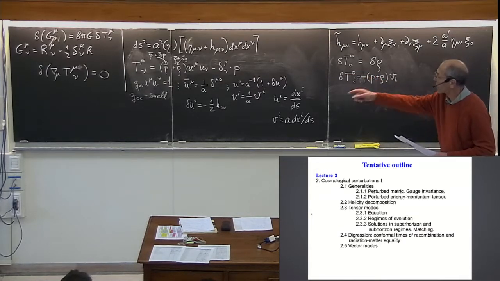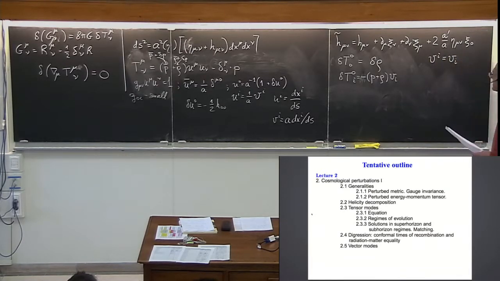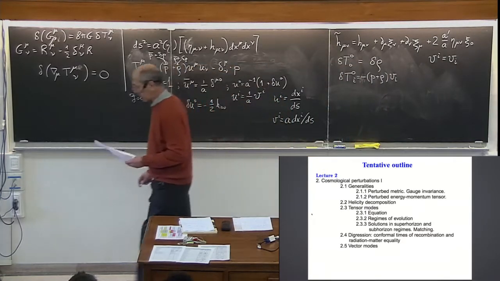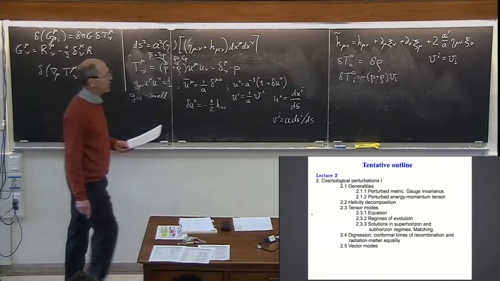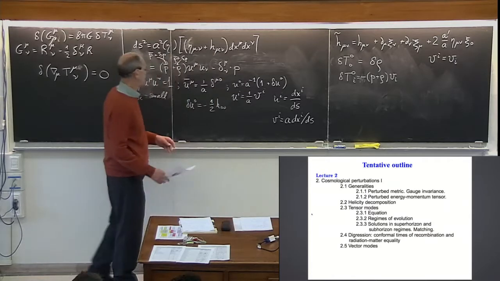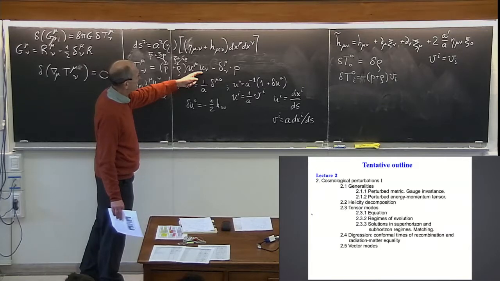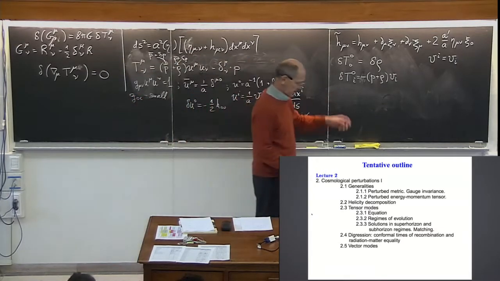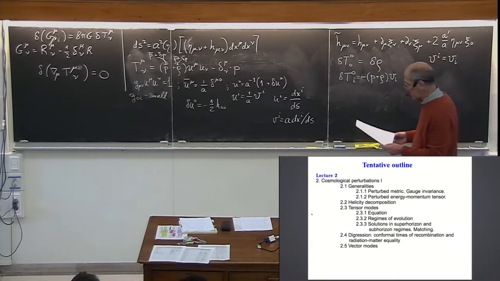So after you write everything here, then v upper i is the same thing as v lower i. Even though my metric is negative for spatial components, this is my definition of quantities with lower indices. So this is a minus sign here because I have to first lower this index with the negative metric and then use this convention. That's technicalities, but if you want to really calculate the right-hand side and left-hand side, you have to take care of all these technicalities.